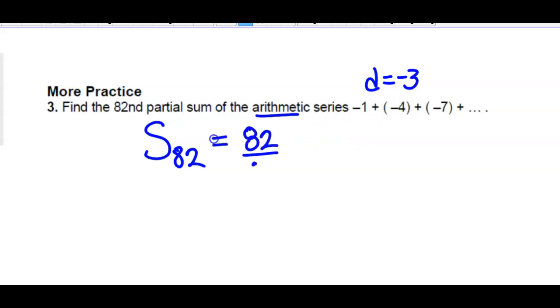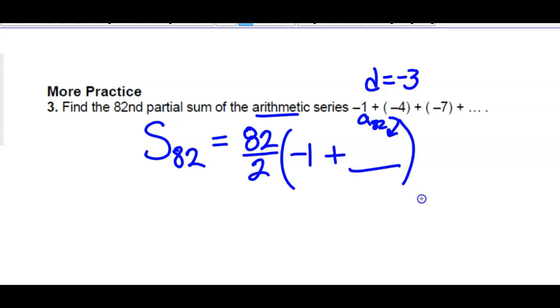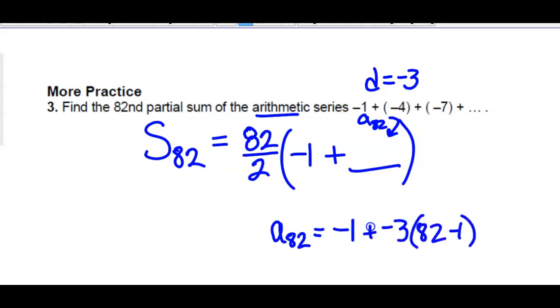So we do 82 divided by 2 times the first term plus we need the 82nd term to go down in here. So to find term 82, I take the first term and add the difference times 82 minus 1. So I have negative 1 plus negative 3 times 81.